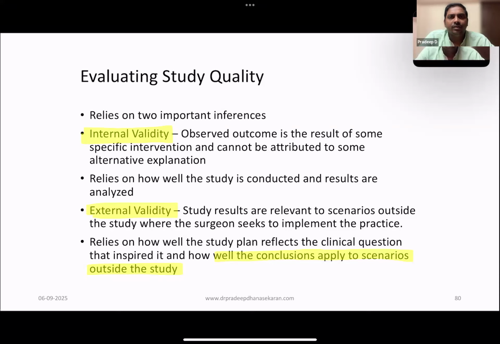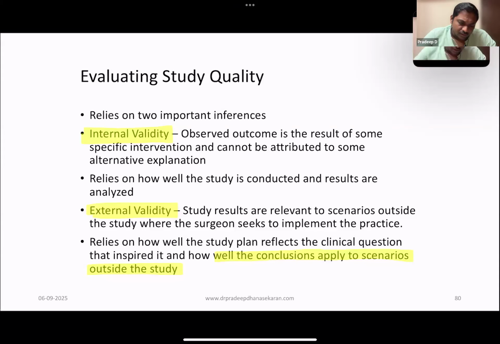That is what internal validity is about. Moving on to external validity. External validity relies on how well the study plan reflects the clinical question and how well the conclusions can apply to scenarios outside the study. In brief, how well it can be applicable in our real-world scenario. That is what external validity is about.